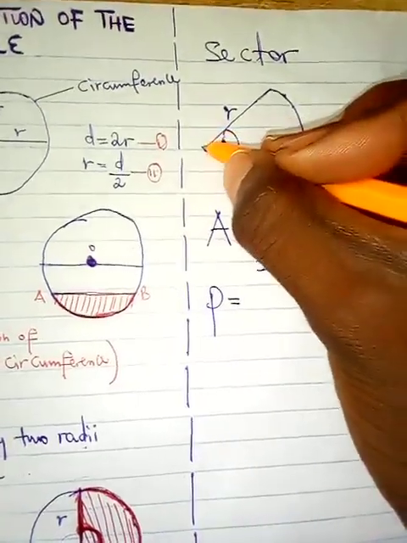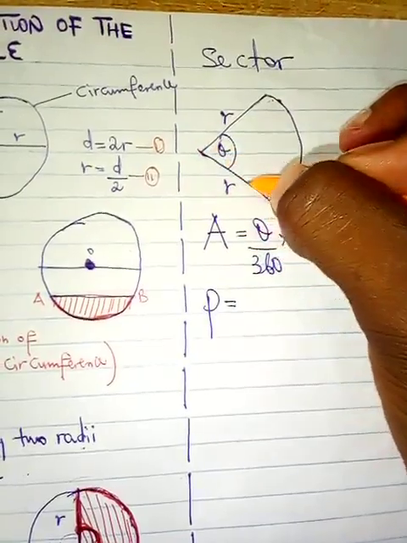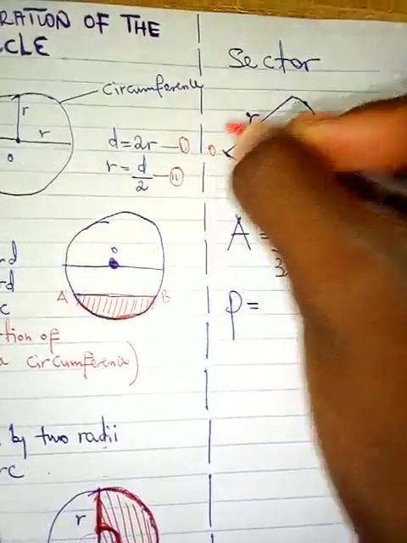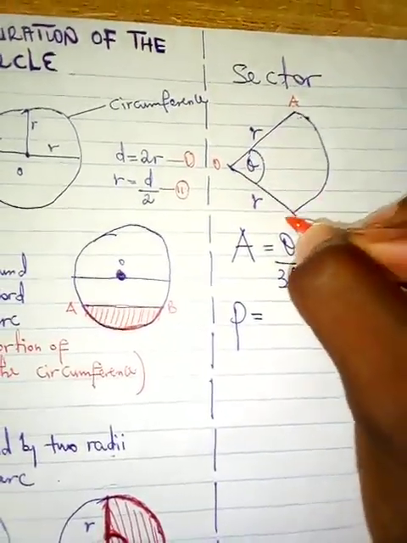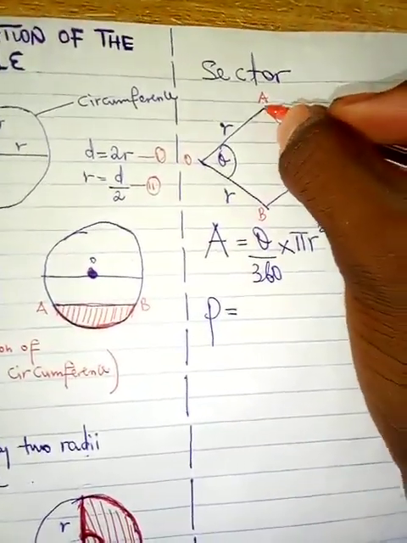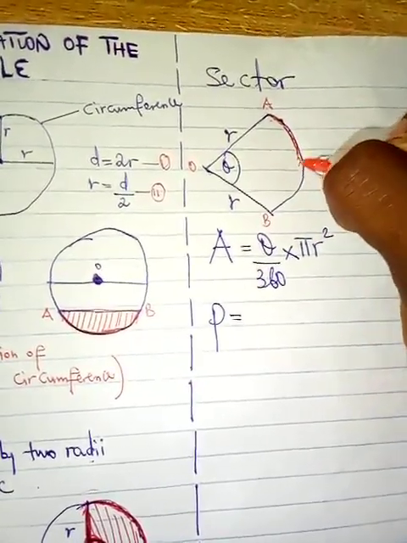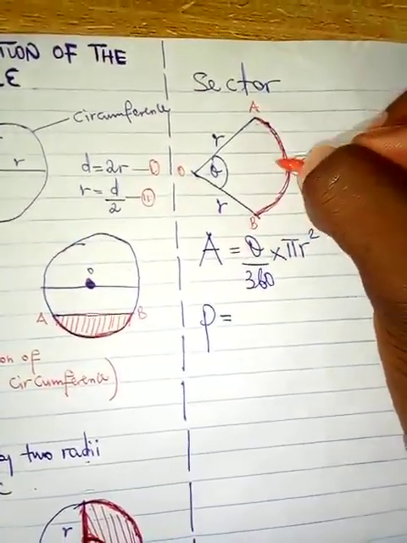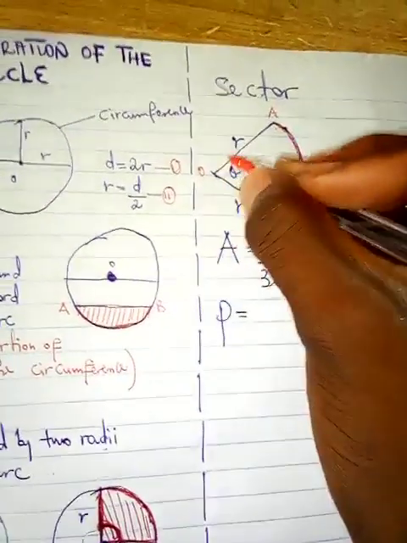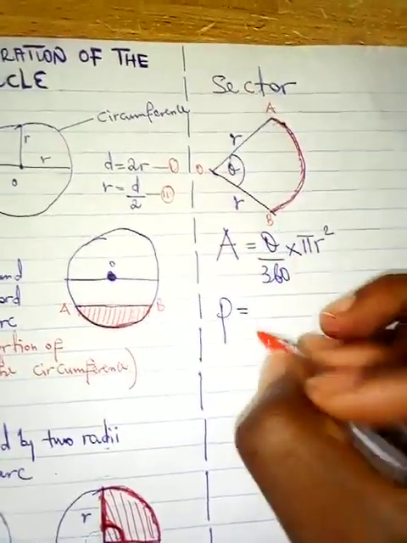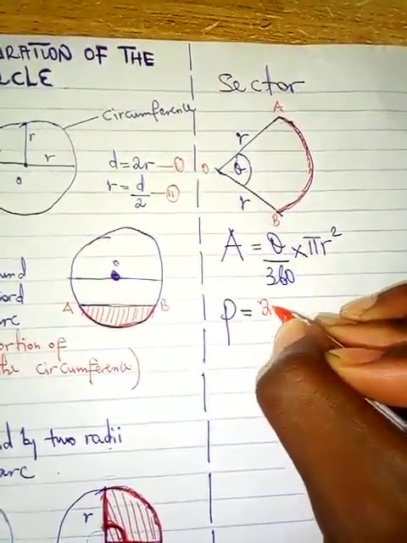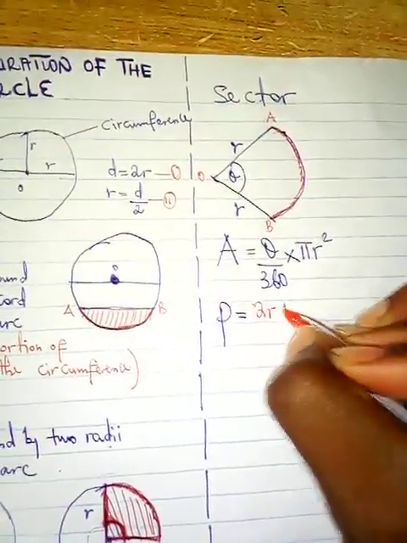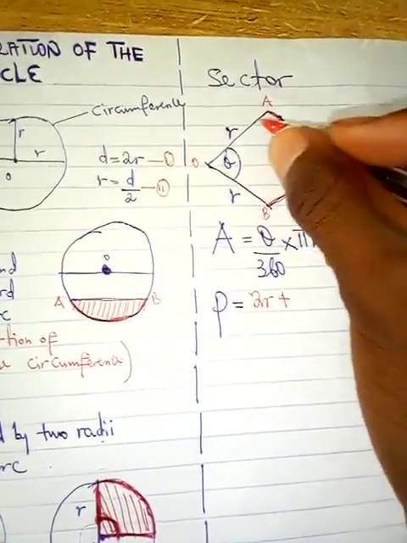So it's going to be this radius value plus this radius value plus this arc length, O, A, B. It's an arc, so we definitely need to know how to calculate its length. If I add these two radius values together, this is just going to be 2r, plus the arc length.